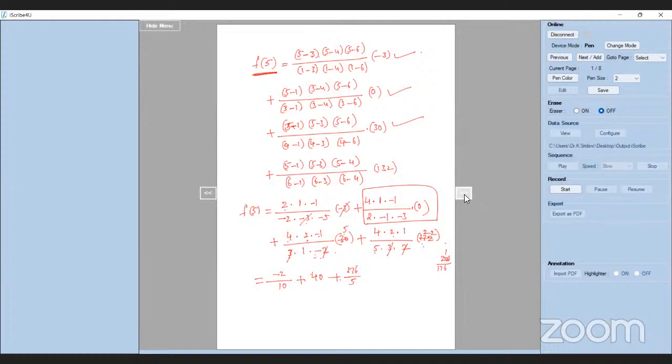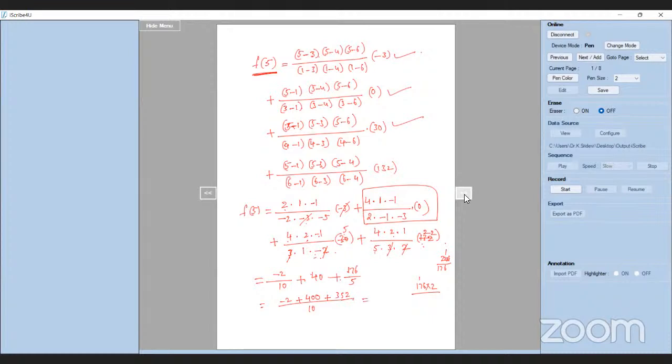So therefore, take the LCM here, 10. Minus 2 plus 400 plus 5 2s are 10, 176 into 2s are 352, by 10.